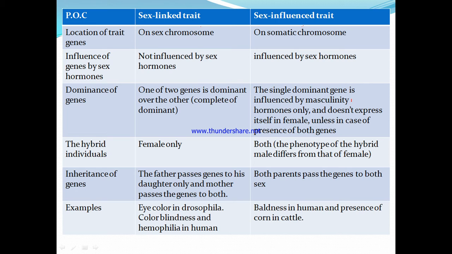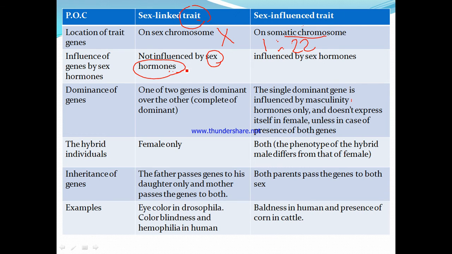Okay, we will compare sex-linked trait and sex-influenced trait, with a revision on sex-linked trait. You can remember the location of this trait is present on the X chromosome, but the influenced trait is carried on an autosome or somatic chromosome, from 1 to 22 in the karyotype. The sex-linked trait is not affected by sex hormone.